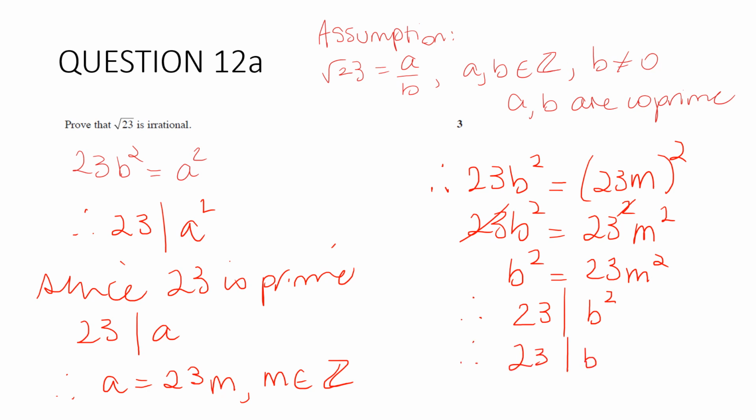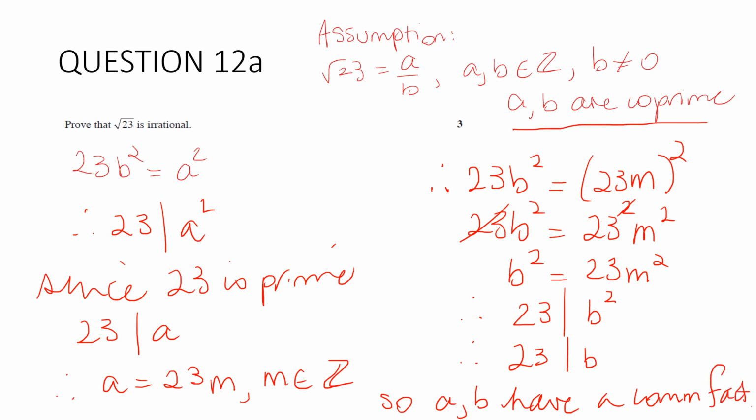And so a and b have a common factor, and I've run out of room. Therefore, they are not co-prime. Therefore, it is a contradiction. Therefore, root 23 is irrational. And you will need to write all of that.